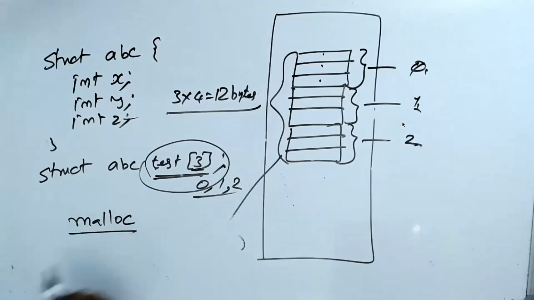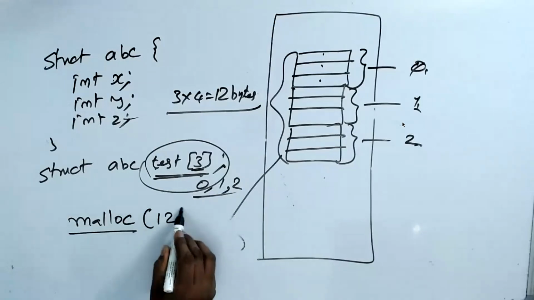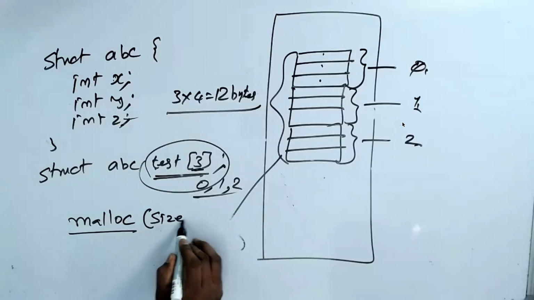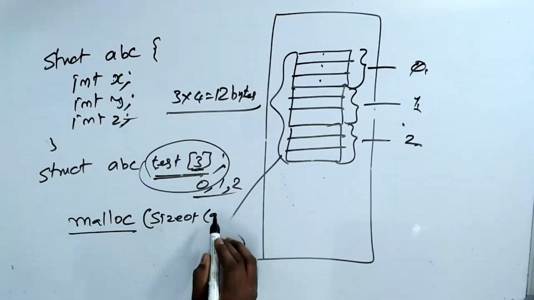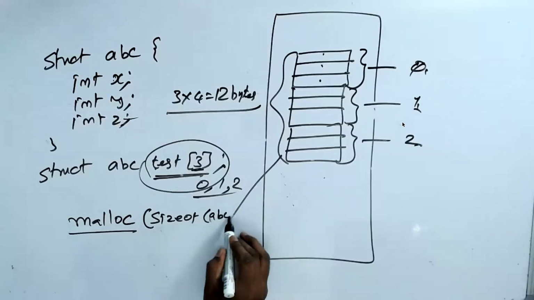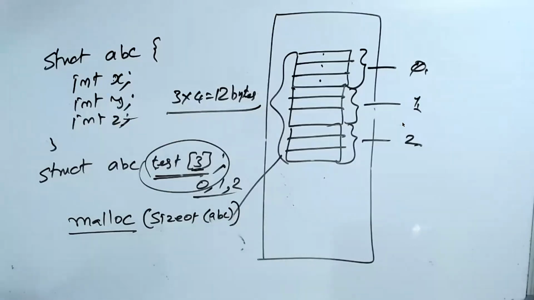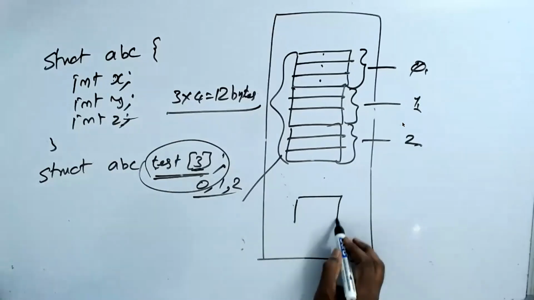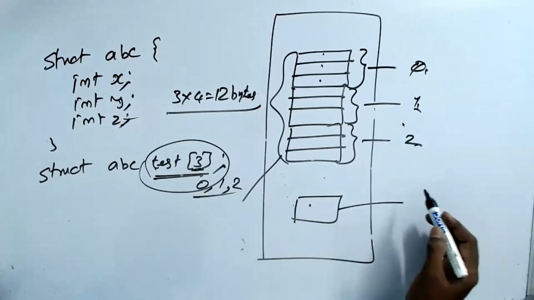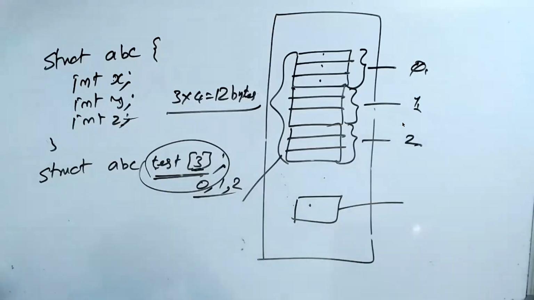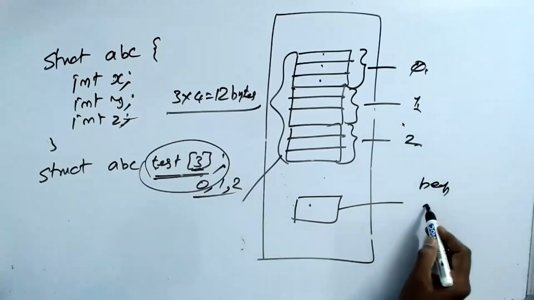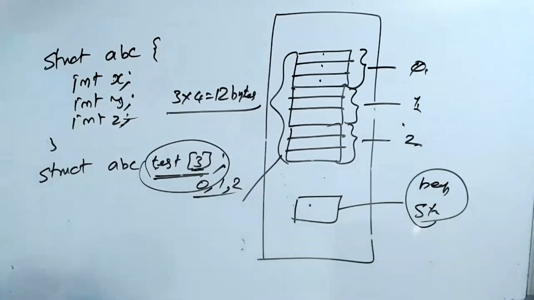I allocate 12 bytes only, because 12 bytes is what I need, or I may say sizeof ABC. So I take only 12 bytes. And malloc is the one with which, whenever I want, I can allocate memory. We will discuss that later in memory structure. I have another session this week where we will discuss heap, stack and everything, and at that time we will understand malloc.